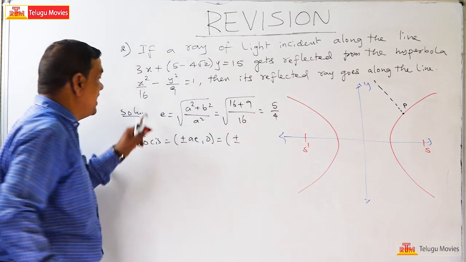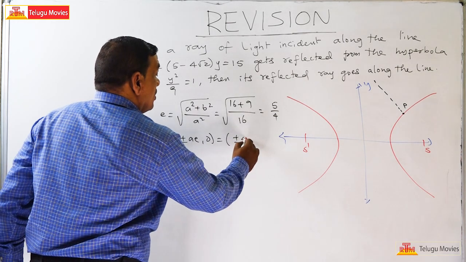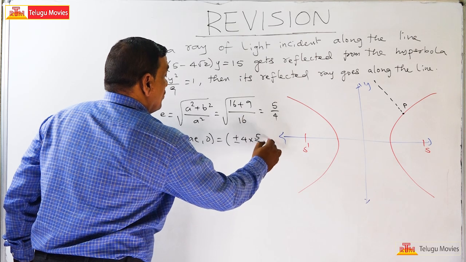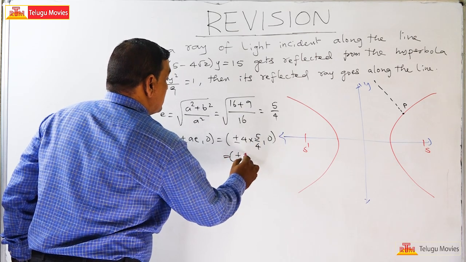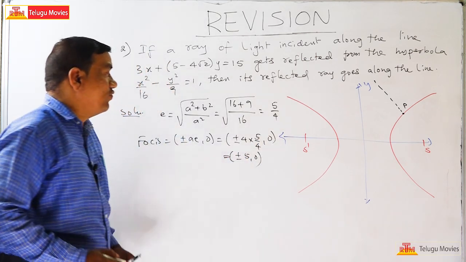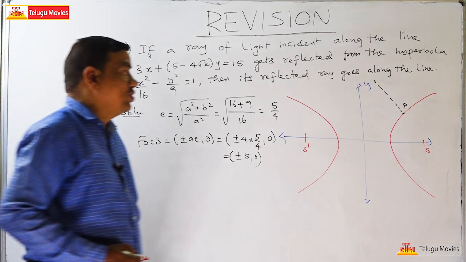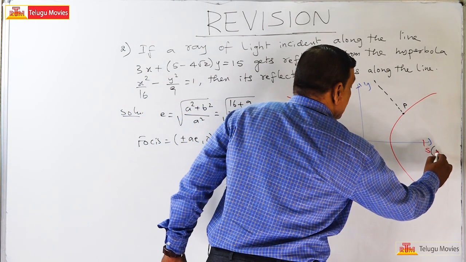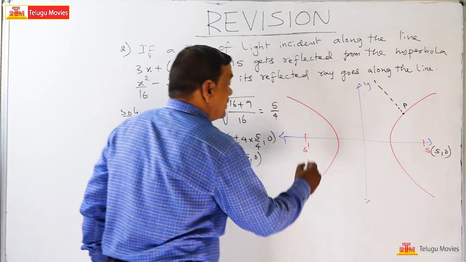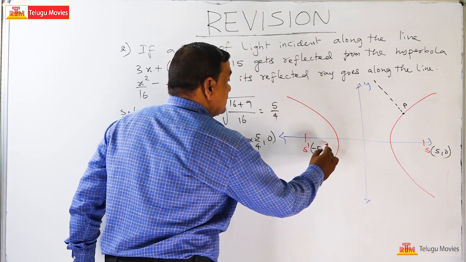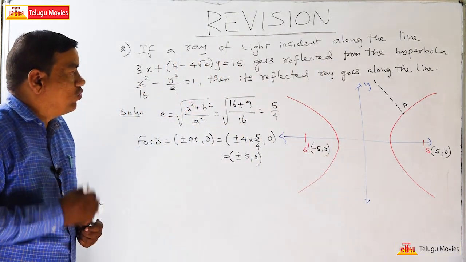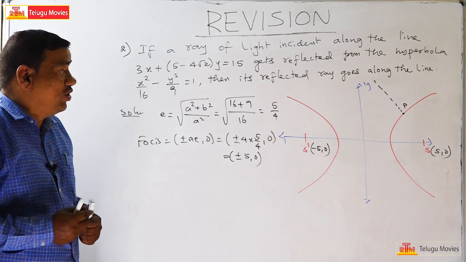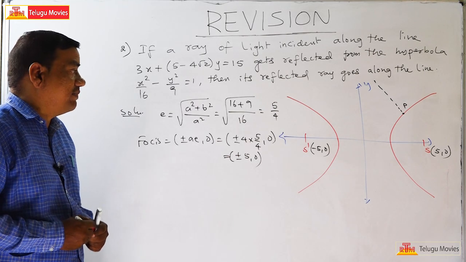A means 4, E means 5 by 4, comma 0. This is plus or minus 5 comma 0. 4 gets cancelled, 5 comma 0. So one foci is 5 comma 0 and another one is minus 5 comma 0.